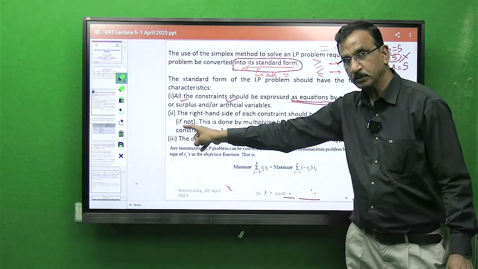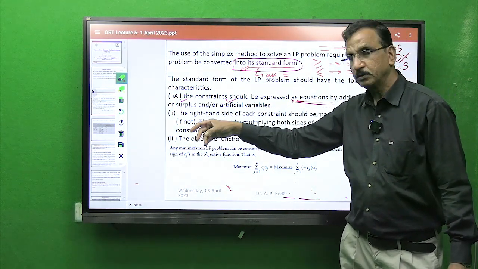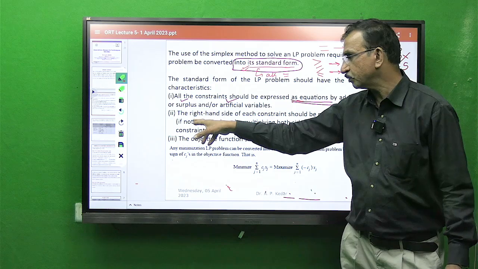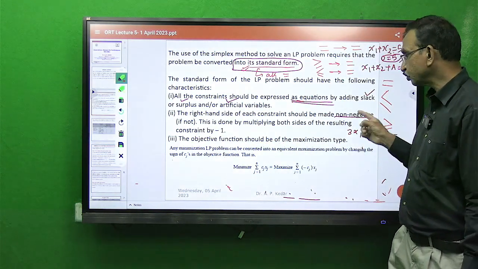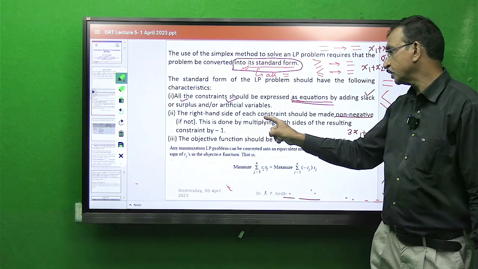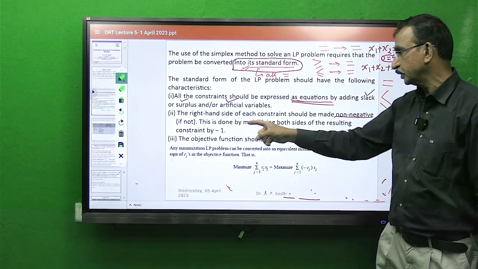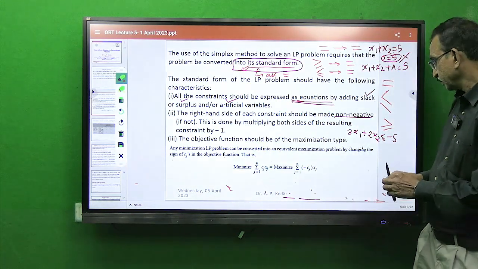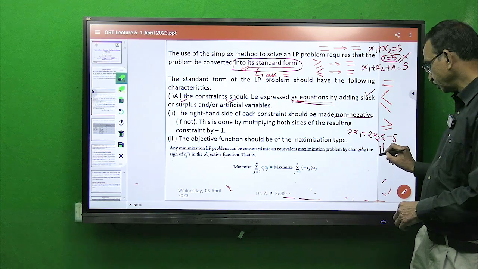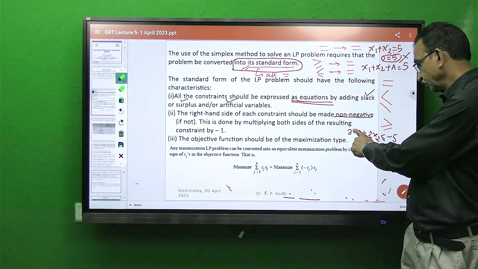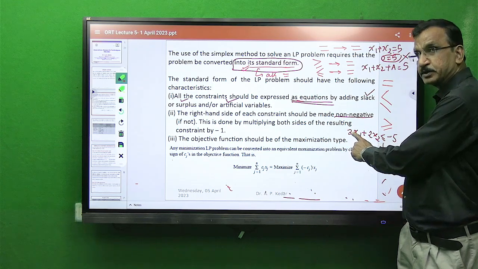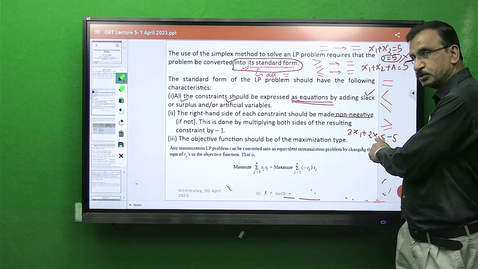Naturally, normally we will have these values positive. But if it happens to be a negative value, then this is done by multiplying both sides of the resulting constraint by minus 1. So how will I convert this into the right side? I have to multiply both sides by minus 1. So it will be minus 3x1 minus 2x2.